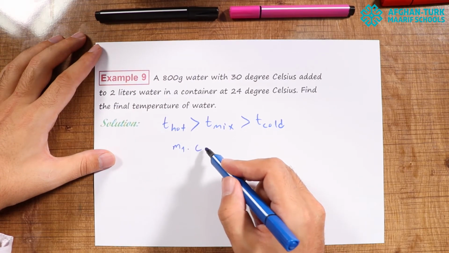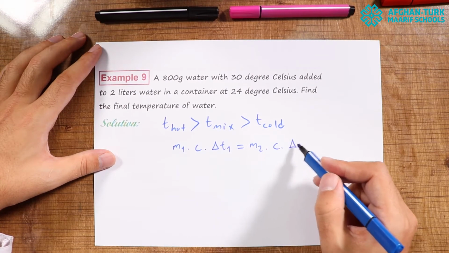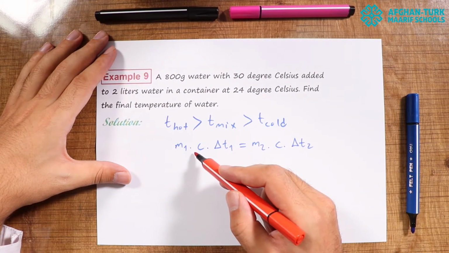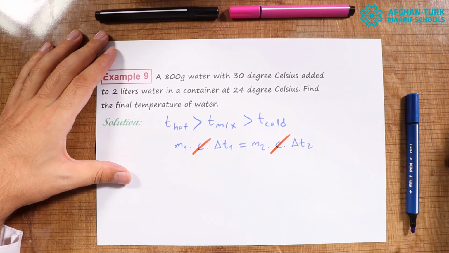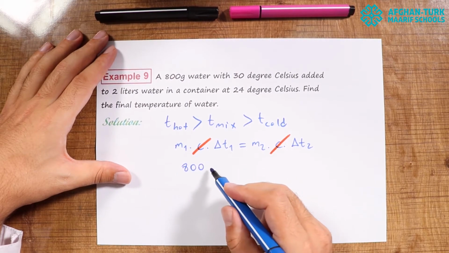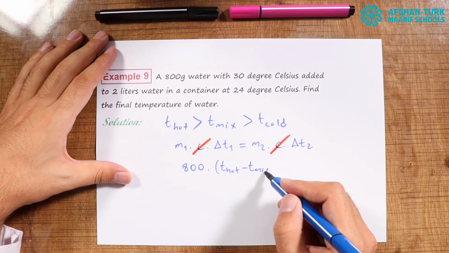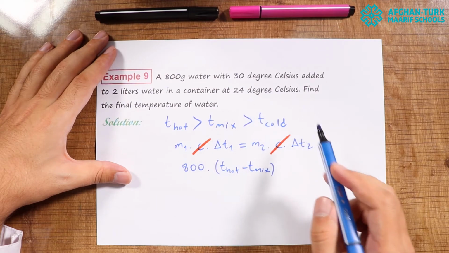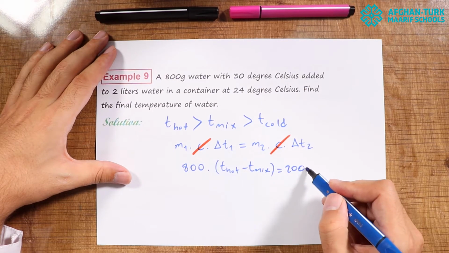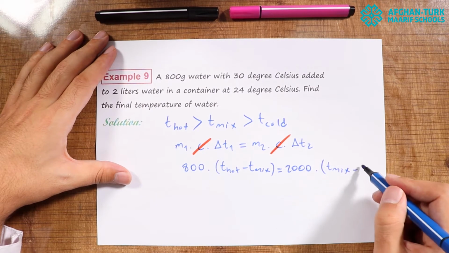M1 times C times delta T1 is equal to M2 times C times delta T2. Because they are the same elements, they have the same specific heat capacity, so I can cancel out C. M1 is equal to 800 times T hot minus T mix, because the first one is hotter than the second one, and that's equal to 2 liters, which is equal to 2000 grams, times delta T2, and that's equal to T mix minus T cold.